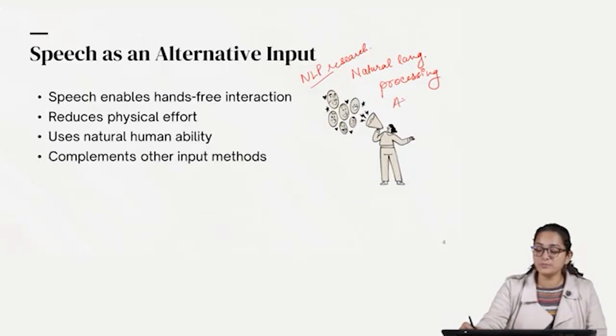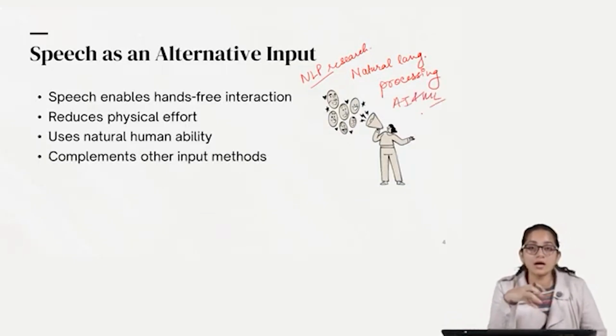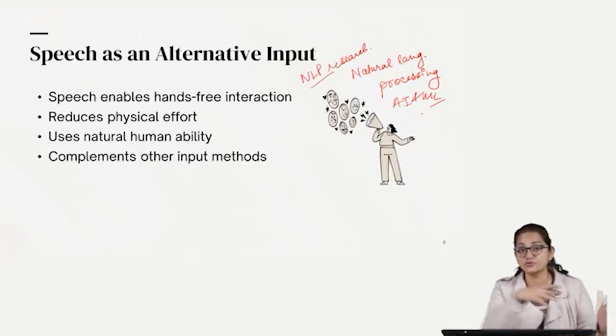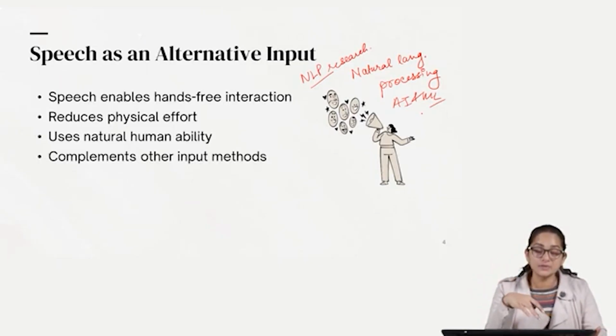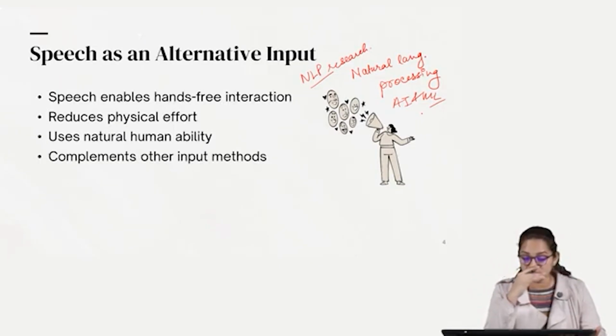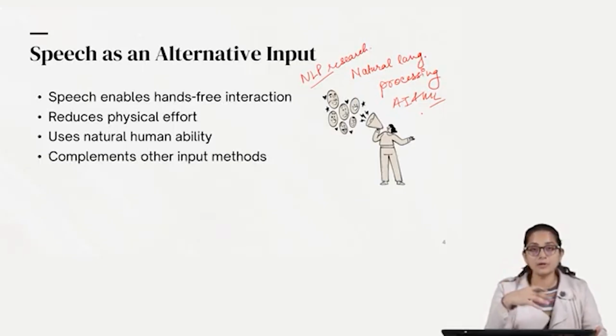It is enabled by AI and ML, and there are models which are now able to recognize the semantic meaning and even different accents, voice of children, everything, and recognize and understand what the person is saying, and then actually enable hands-free interaction just through speech.